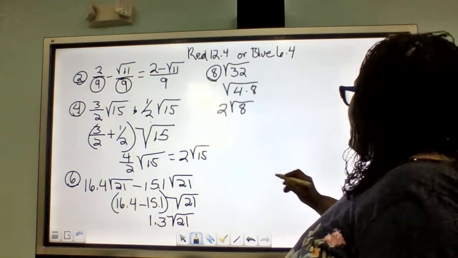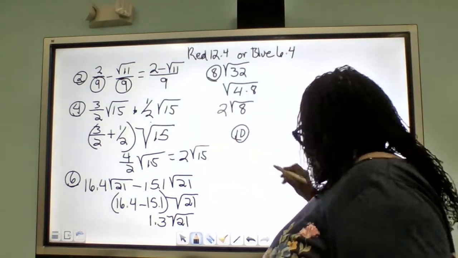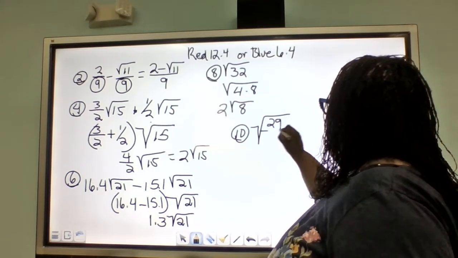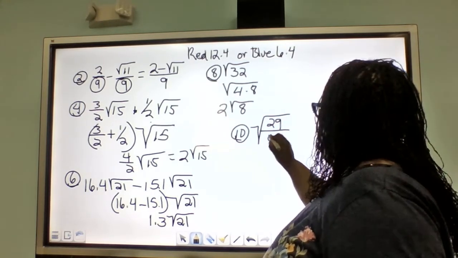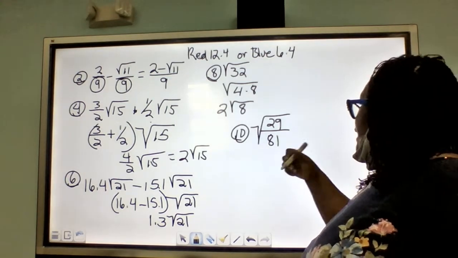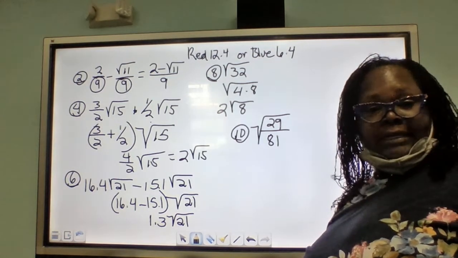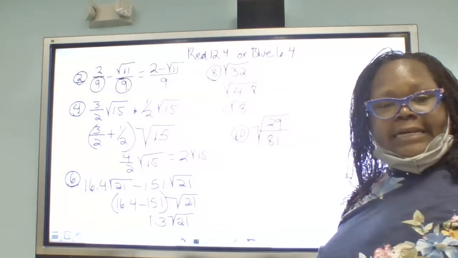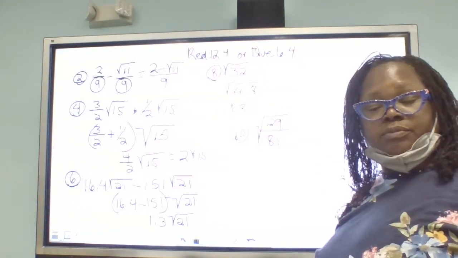On number 10, we have the square root of 29 over 81. We recognize that 29 is not a perfect square, but 81 is. And there are no factors of 29 that have a perfect square.